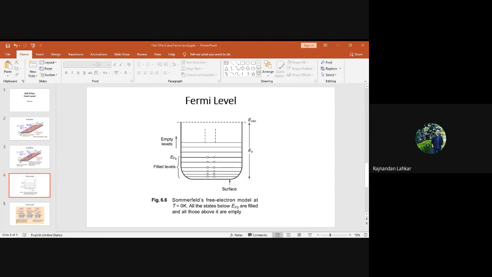Sir, is Fermi energy for a particular material constant? Yes, they have fixed values of Fermi levels.